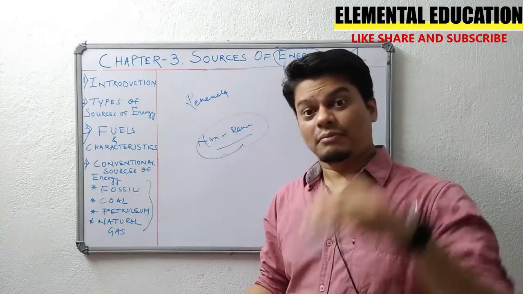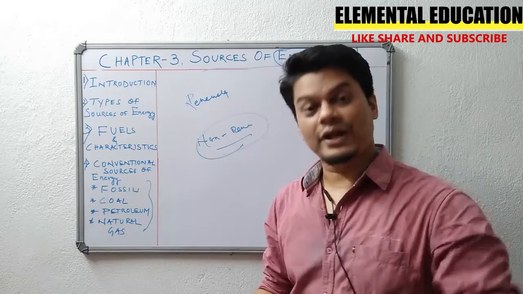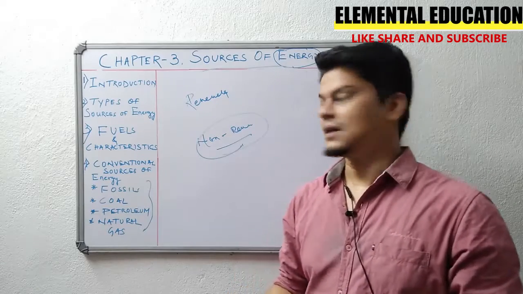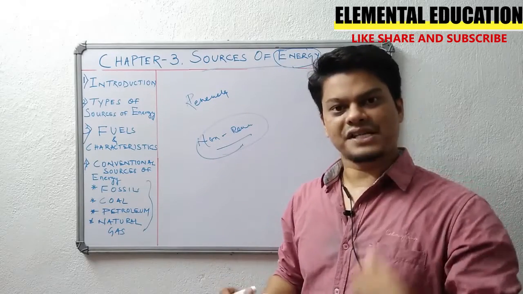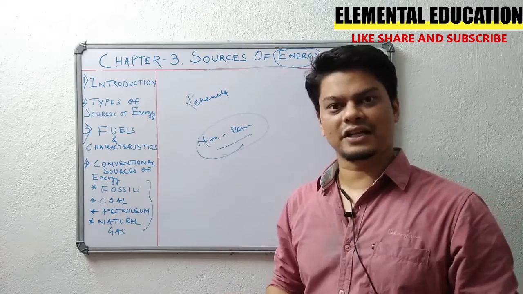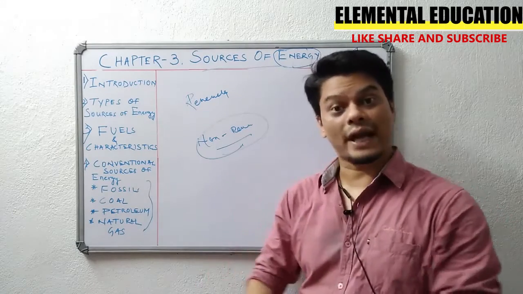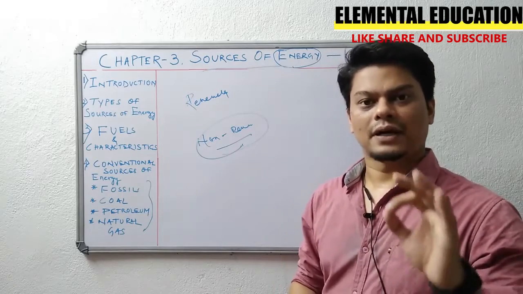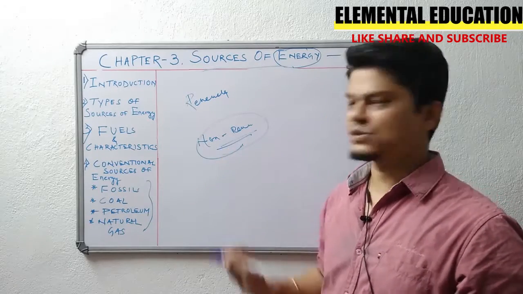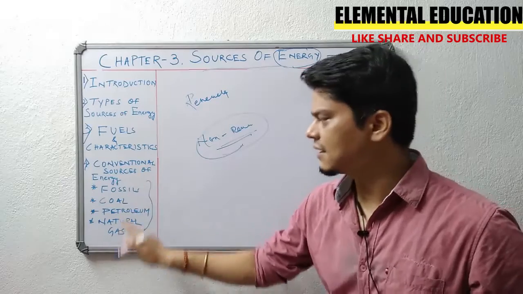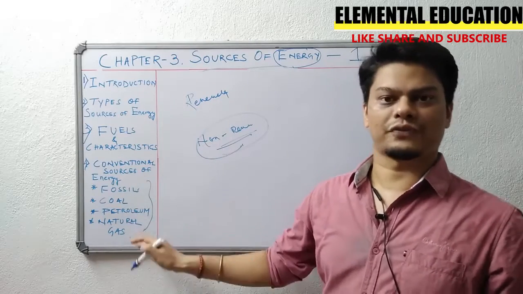But if it is buried very deep inside the earth's crust, with this high pressure and temperature, with some chemical reactions, absence of oxygen and a number of bacteria, they give rise to this non-renewable source of energy. These are the types of non-renewable sources of energy.